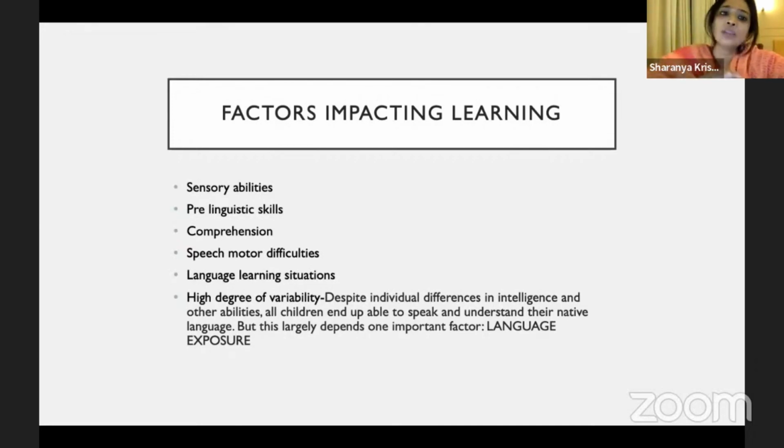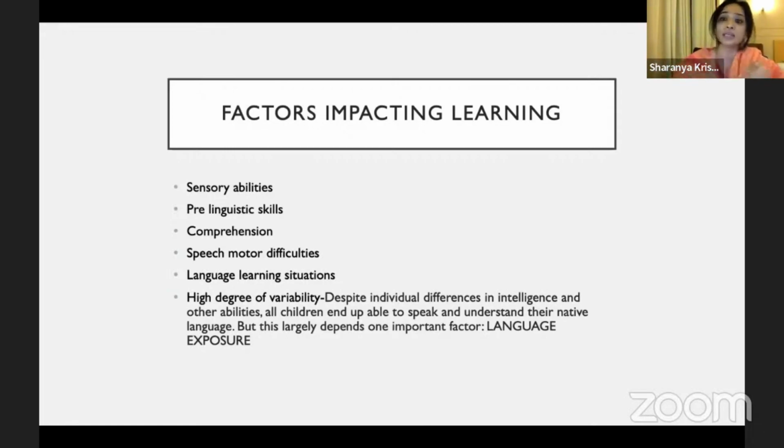So we will start with those factors that impact learning, language learning. The first thing that I would like to highlight is sensory abilities. Obviously, if vision or hearing is affected, then the language input that goes into the child is going to be affected, right?